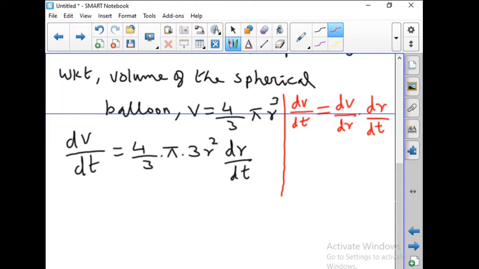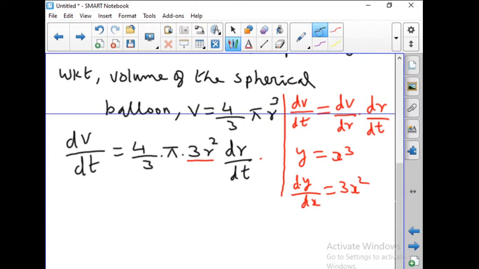So if y is equal to x cube, dy by dx is equal to 3x square. Here it is r cube, so when you differentiate we get 3r square. So that is dV by dr into dr by dt.